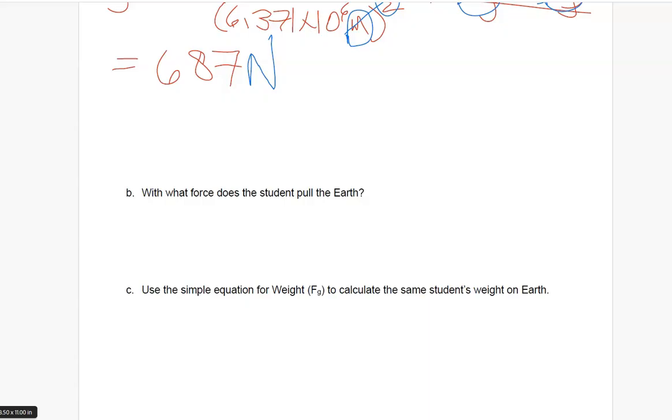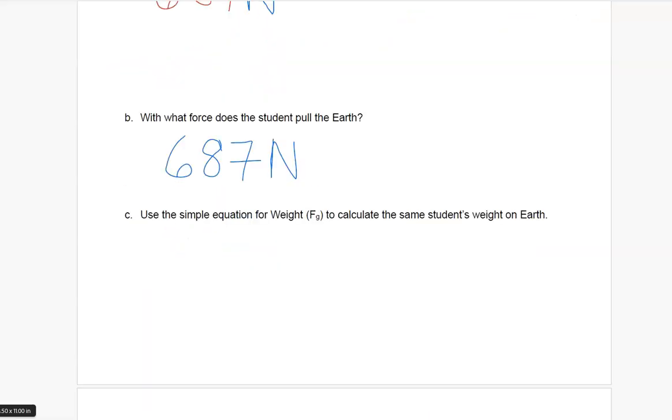So if the Earth is pulling on the student with a force of 687 newtons, then the student is pulling on the Earth with exactly the same force of 687 newtons. But of course, that reaction force is pointing straight up.